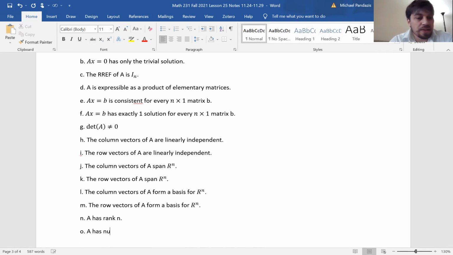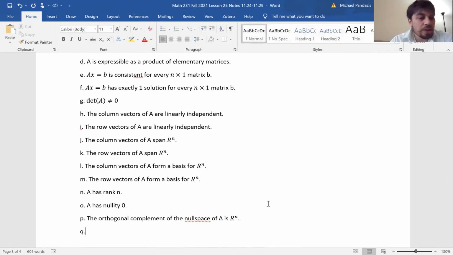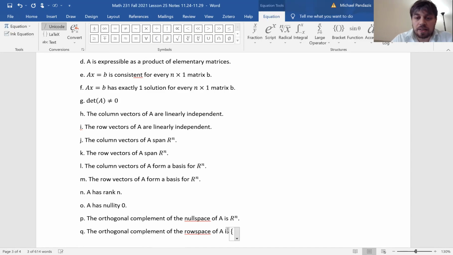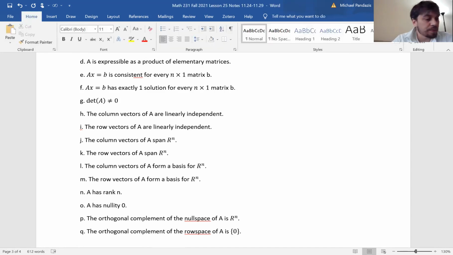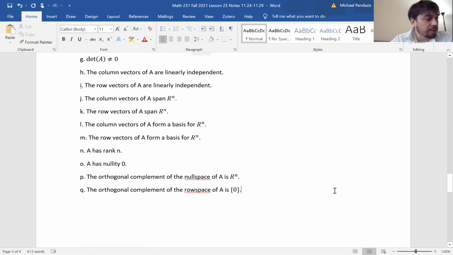O, A has nullity 0. P, the orthogonal complement of the null space of A is Rn. Q, the orthogonal complement of the row space of A is the singleton set 0. It's a 0 set. Okay, so all of these statements are equivalent by the equivalent statements theorem, A through Q. Okay, so that's the last theorem of that section.